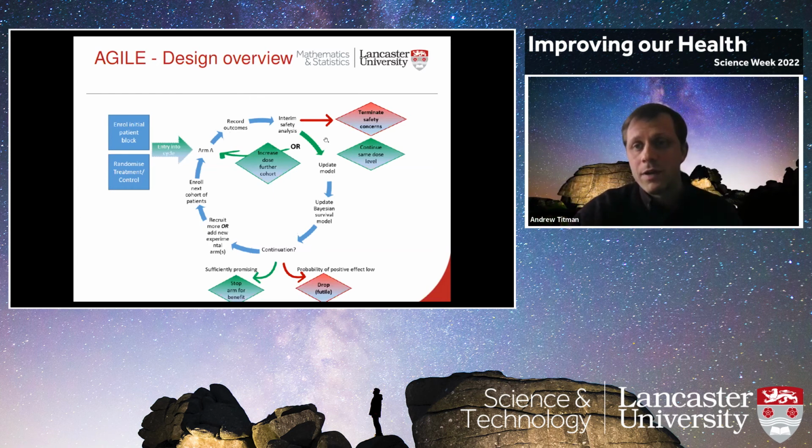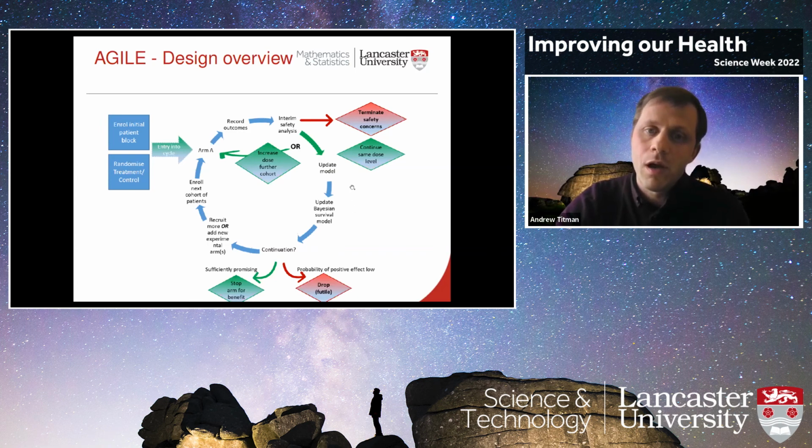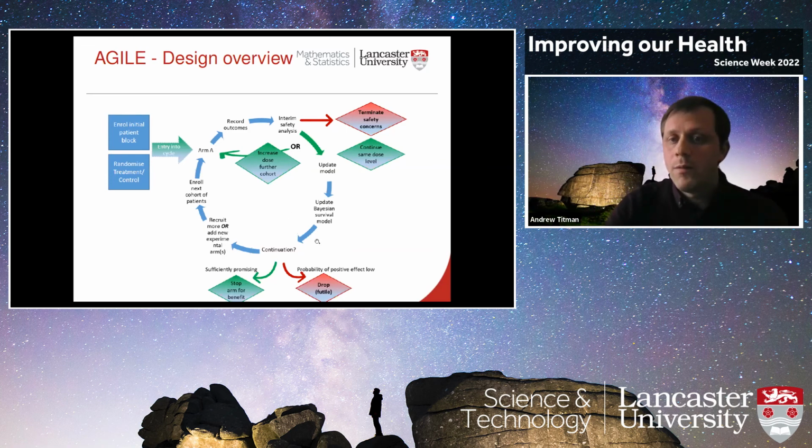After those first couple of batches, a first decision is made as to whether to proceed with that particular dose because it's deemed to be safe, or to terminate due to safety concerns. If we deem it to be safe, then more batches are recruited for that dose level. And then we evaluate for efficacy using a Bayesian survival model.